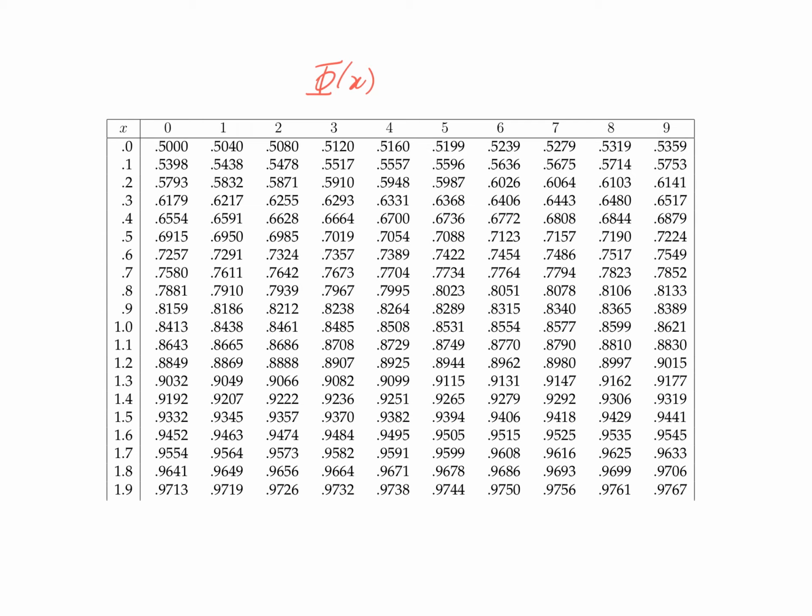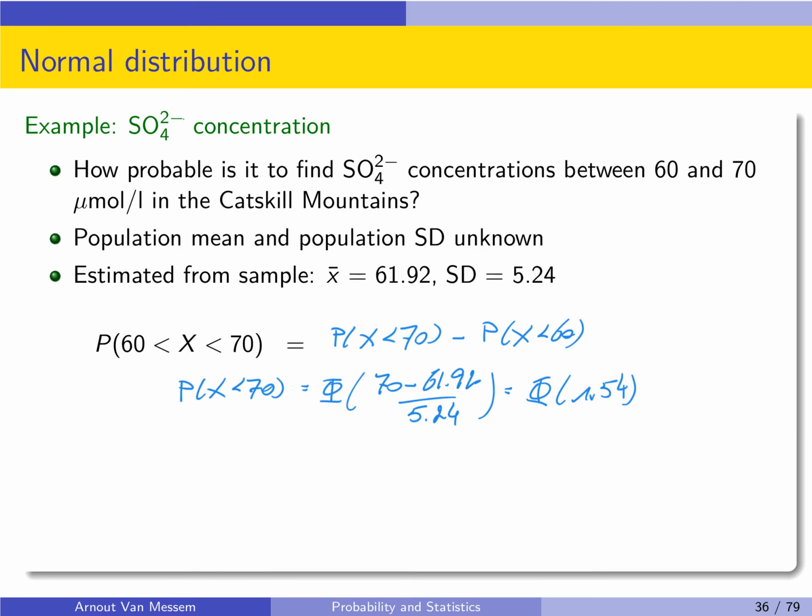So what you do is you first look in the first column for the first two digits, 1.5, and then in the first row you look for the second digit, which is 4. 1.54 will be on the cross section of 1.5 and 4. So what you do is move down in the column of 4 until you are at the row of 1.5, and then you see that the value that we are looking for is 0.9382. So the probability x smaller than 70 is 0.9382.